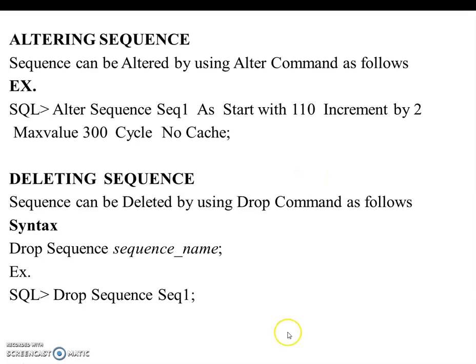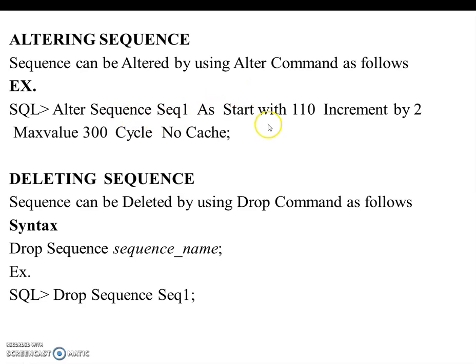Next we have the point of how to alter an available sequence. A sequence can be altered by using the alter command statement. If you just wanted to update your sequence, it can be altered by changing its start value, min value, increment value, max value, like that.